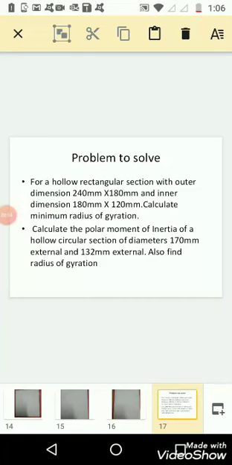Also find the radius of gyration. Here capital D is 170 and small d is 132. Please solve these problems as your homework. Thank you.